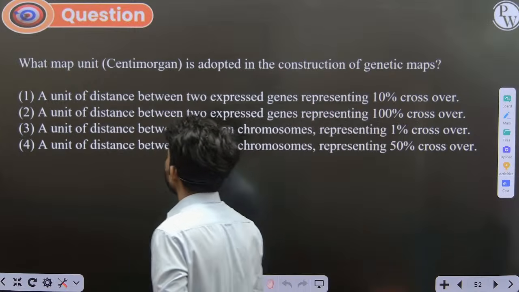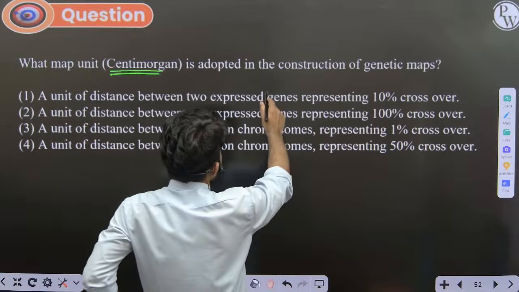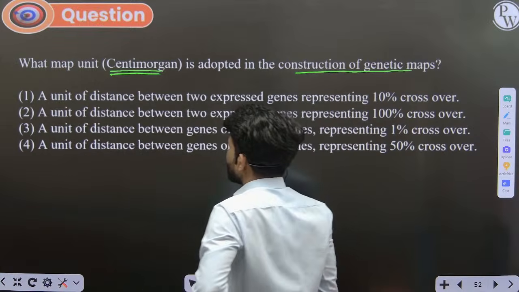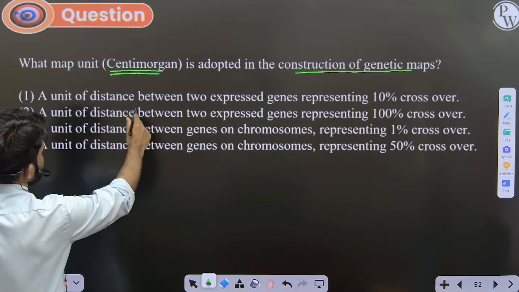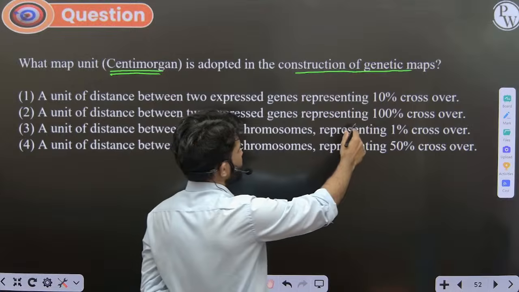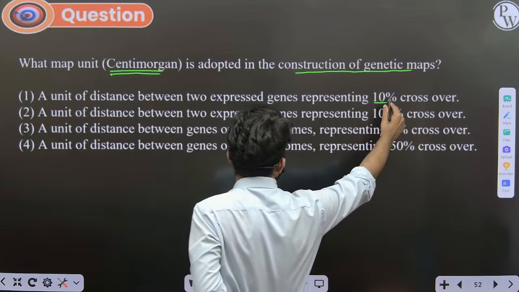Next one is the map unit, also called centimorgan, adopted in the construction of genetic maps. Is the unit distance between two genes representing 10% of crossover called 1 centimorgan? No, because it is 10%.